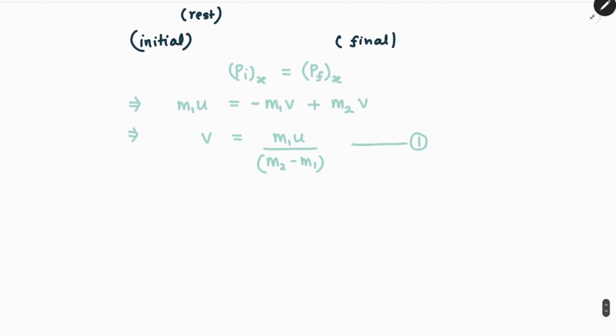Now since the problem involves elastic collision, the kinetic energy before the collision is equal to the kinetic energy after collision, that is, kinetic energy is also conserved.